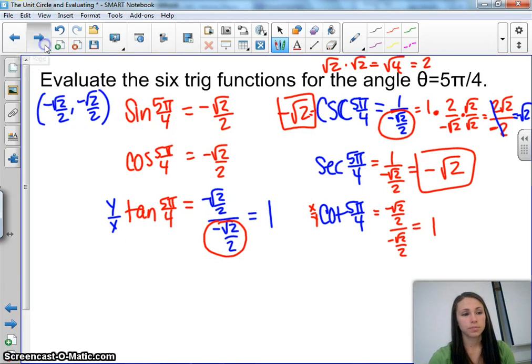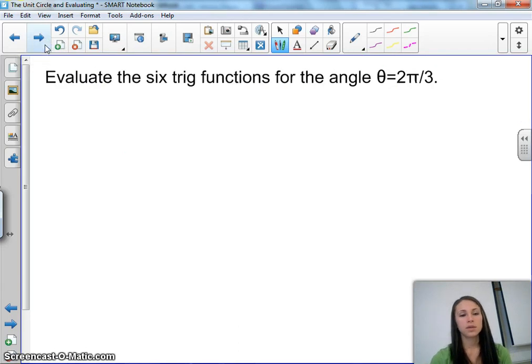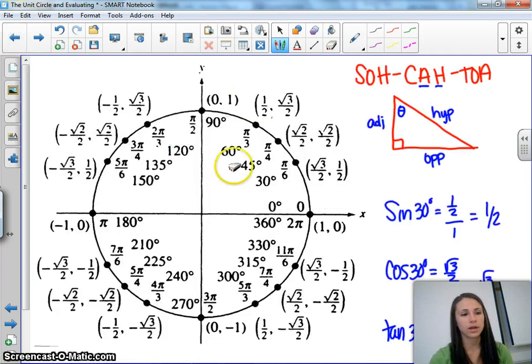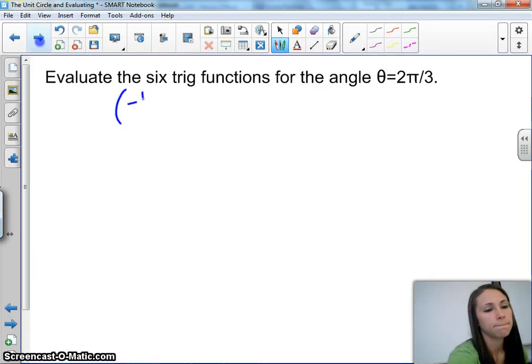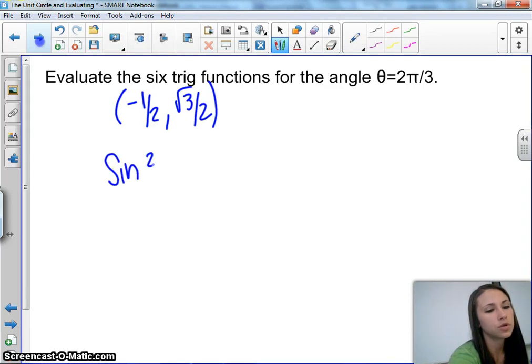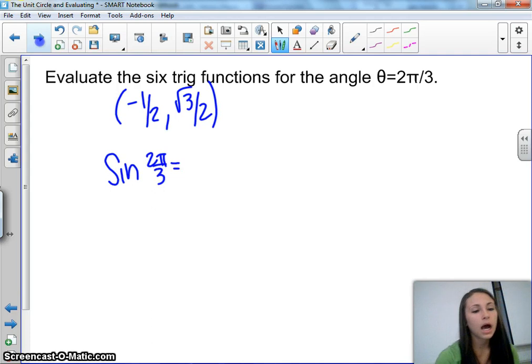Alright, let's do some more. I want to do the same thing for the angle 2 pi over 3. So I'm going to go back and find 2 pi over 3, and write this coordinate down. 2 pi over 3 is here: negative 1/2, square root of 3 over 2. When I do the sine of 2 pi over 3, sine goes with y, so that's square root of 3 over 2.